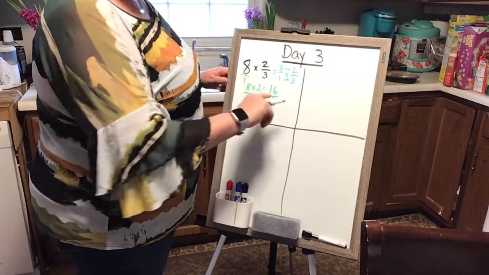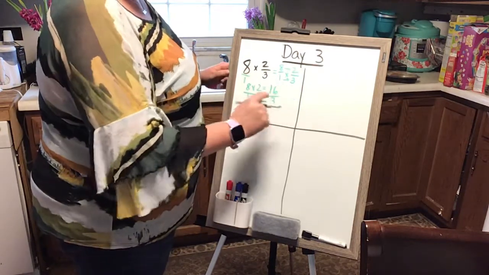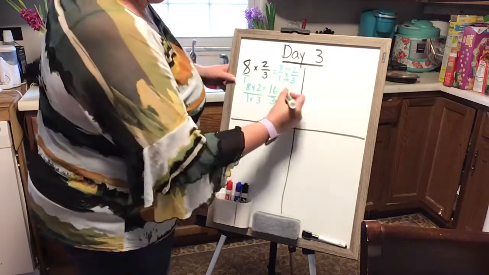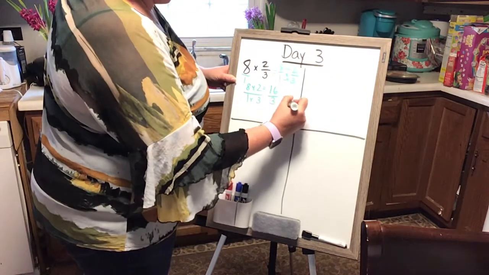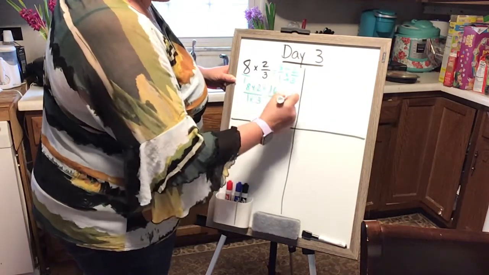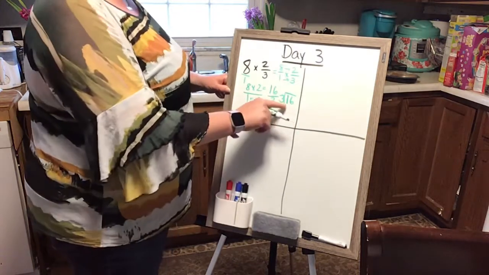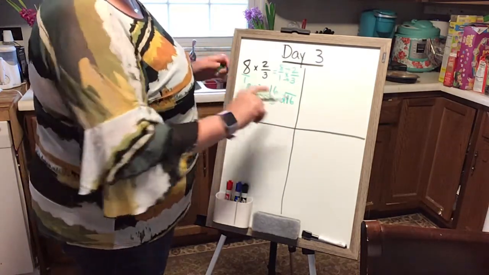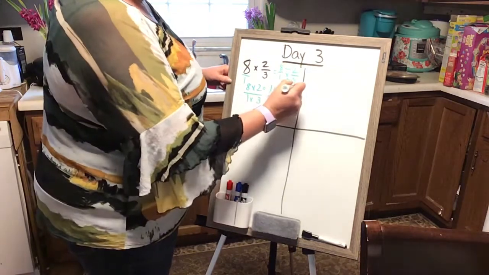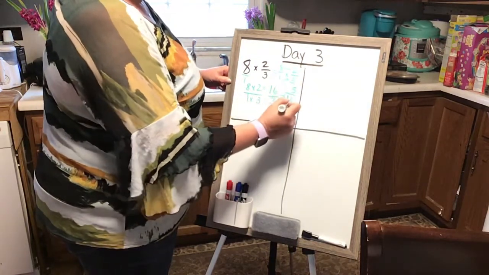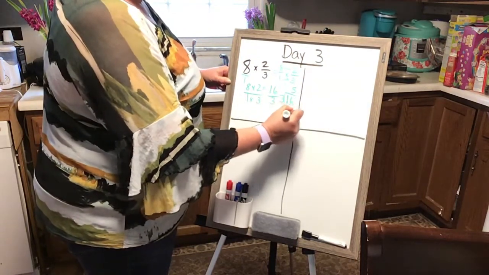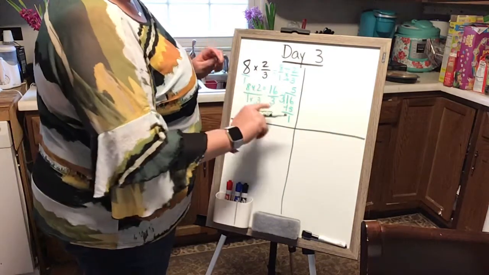16/3. And what I need to do now, I have an improper fraction. I need to turn that into a mixed number. And I'm going to do that by taking the numerator and dividing it by the denominator. 16 divided by 3. Well, 3 goes into 16 5 times. 5 times 3 is 15, and I have 1 left.